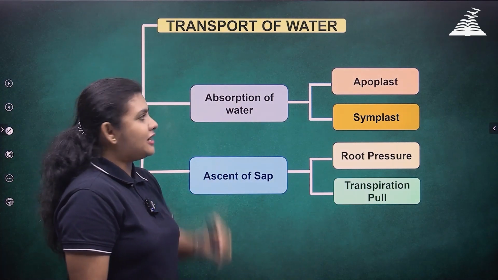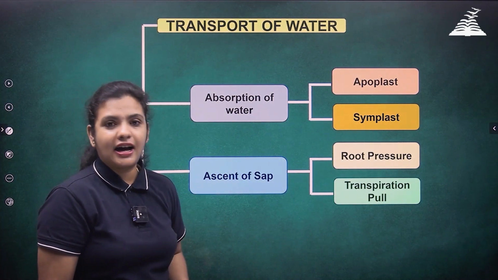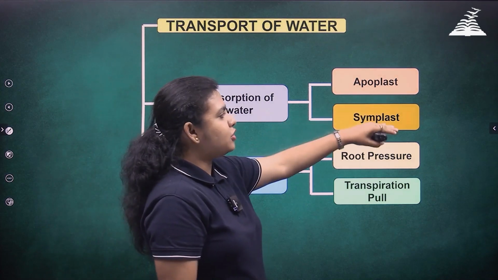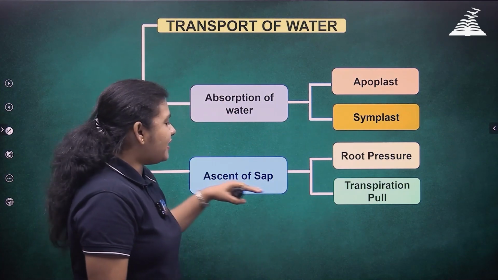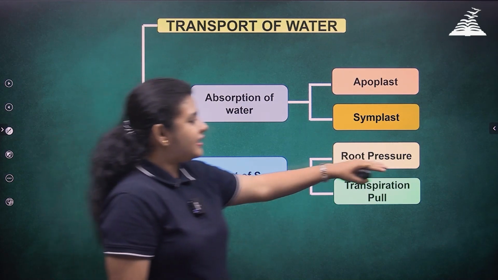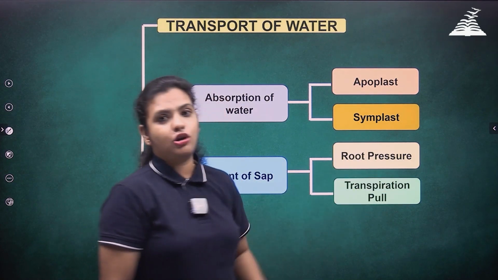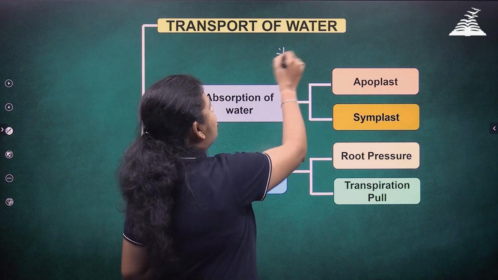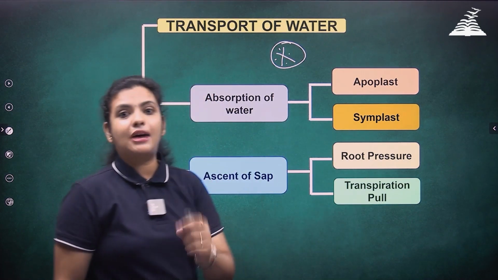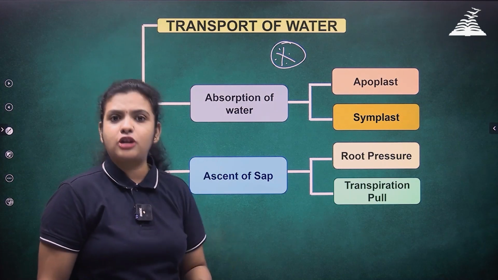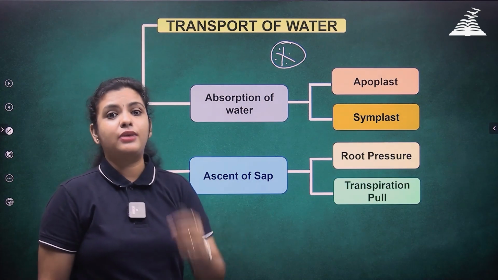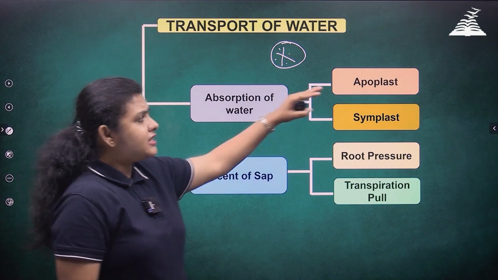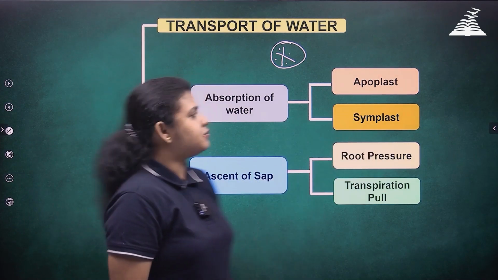When I talk about absorption of water, it can happen either by apoplast or symplast, and when it is ascent of sap, it can happen either by root pressure or transpiration pull. Very, very important concepts for examination point of view, both your board exams as well as competitive exams. Let us understand these simple concepts, students.